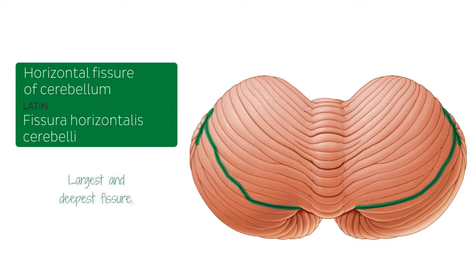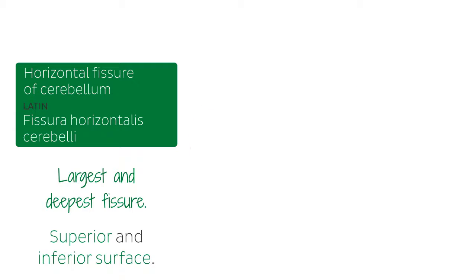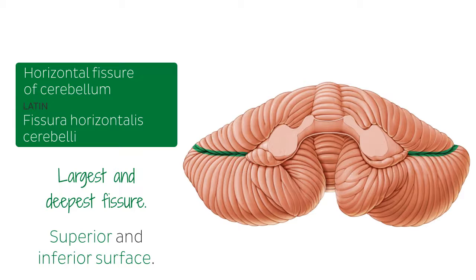This is the largest and deepest fissure in the cerebellum, and it starts in front of the pons and extends around the dorsolateral border of each cerebellar hemisphere. This one divides the cerebellum into a superior and inferior surface. You can also see here the horizontal fissure of the cerebellum from the caudal view of the cerebellum.